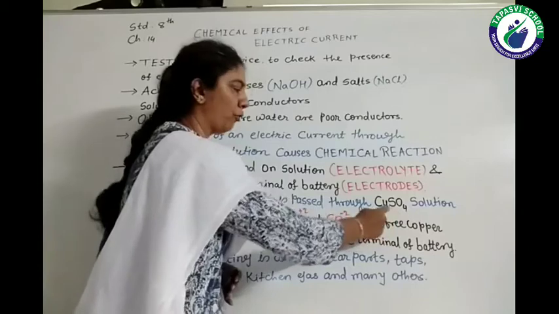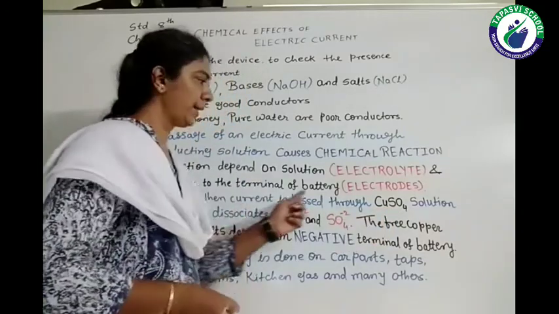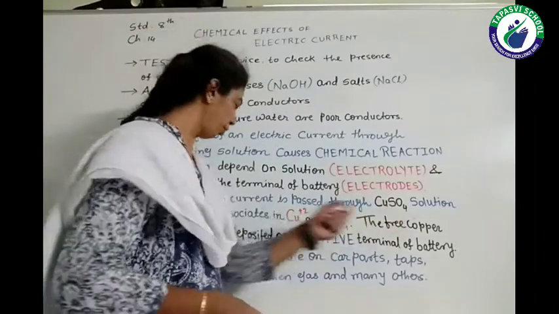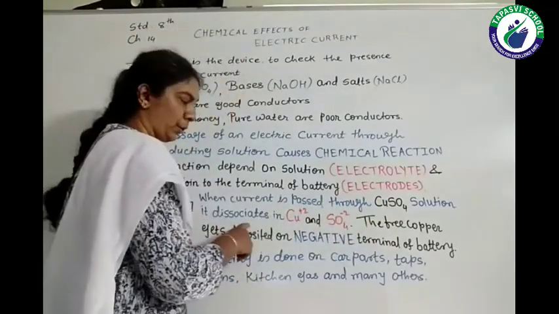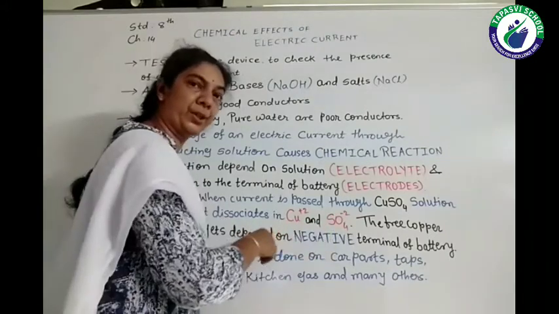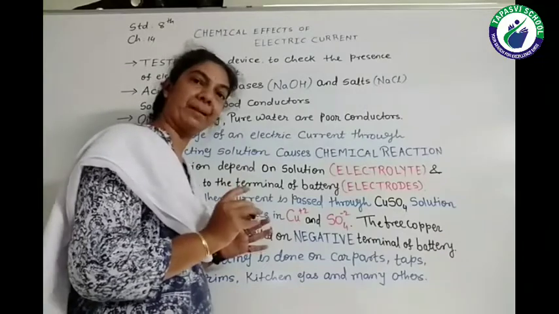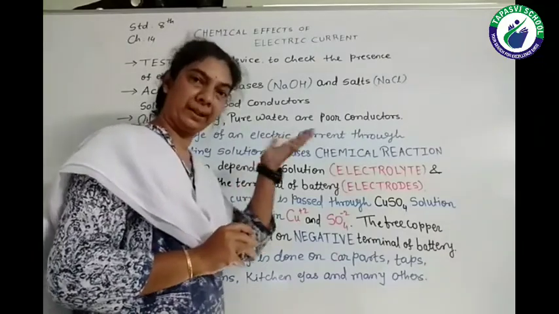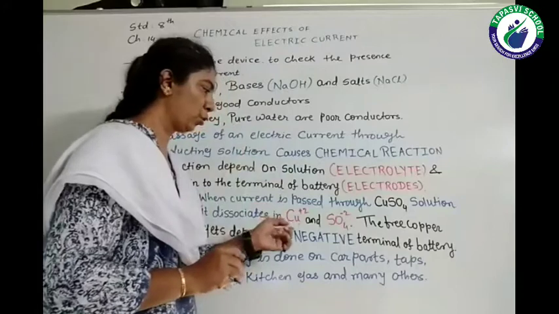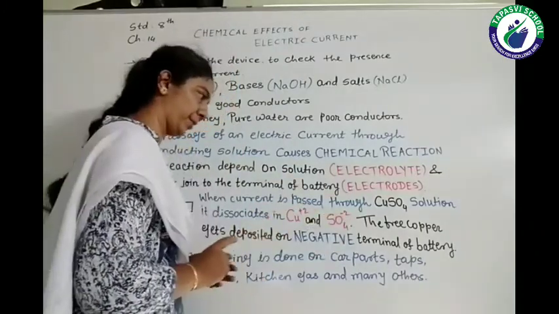The formula of copper sulfate is CuSO4. When the current is passed through copper sulfate solution, it dissociates into copper and sulfate. I had also mentioned the charges. If you can remember them at this point, it's better; otherwise, you will learn that in 9th standard. So copper has a positive charge and sulfate has a negative charge.